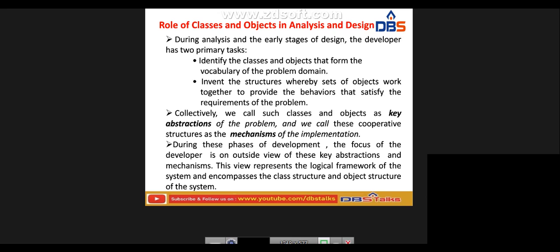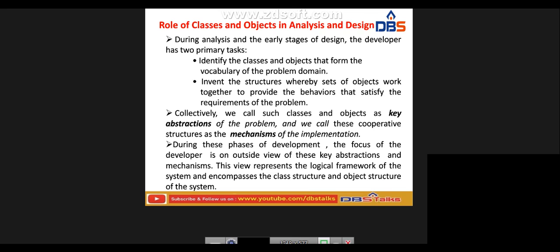Next, the roles of classes and objects in analysis and design. During analysis, in the early stages, the developer has two primary tasks. The first is to identify the classes and objects that form the vocabulary of the particular problem. So first of all we have to identify which classes and objects form the vocabulary of the particular domain, and invent the structure whereby sets of objects work together to provide the behaviors that satisfy the requirements of the problem.